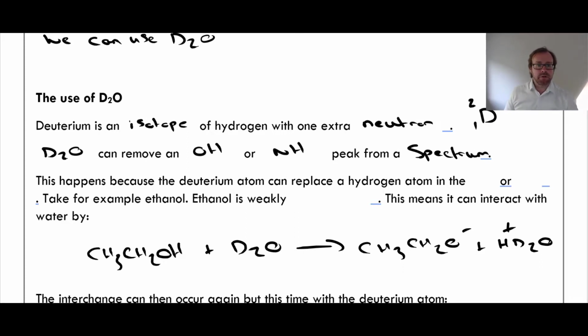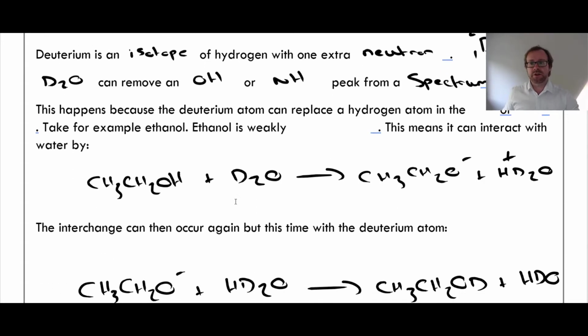This happens because the deuterium atom can replace a hydrogen atom in the OH or NH group. Take, for example, ethanol. Ethanol is weakly acidic. This means it can interact with water by this method here.